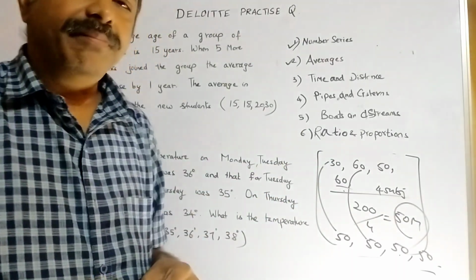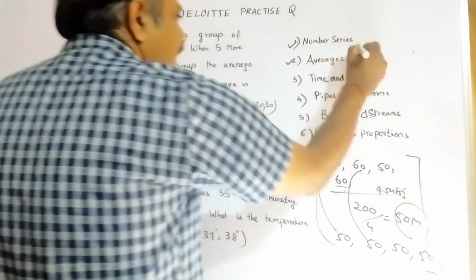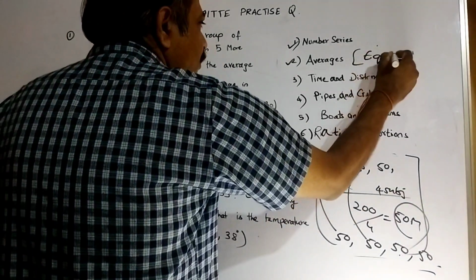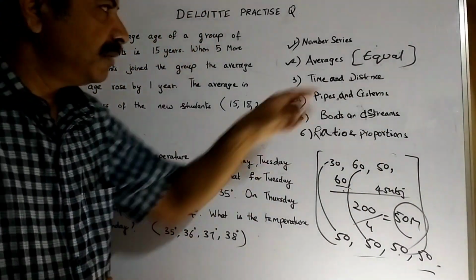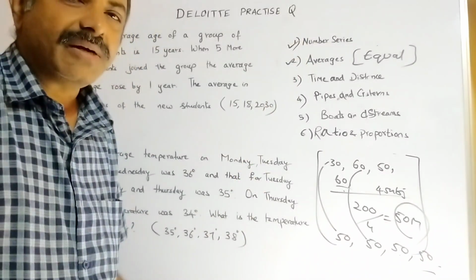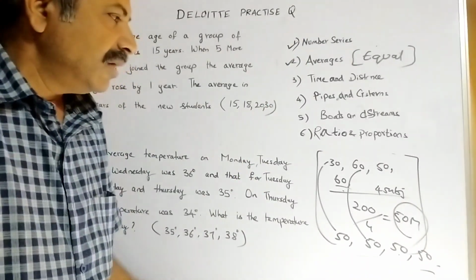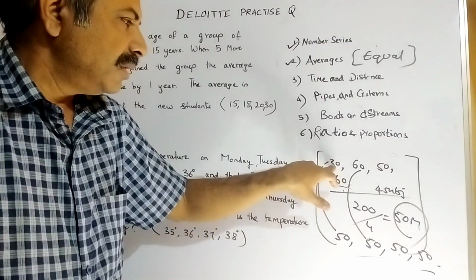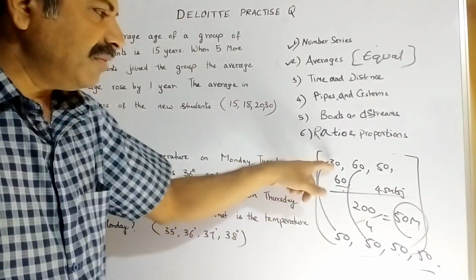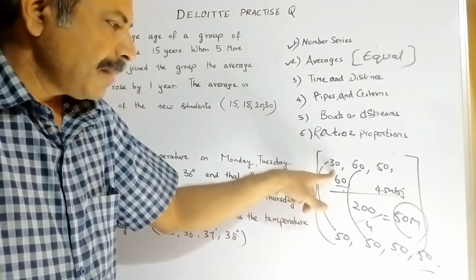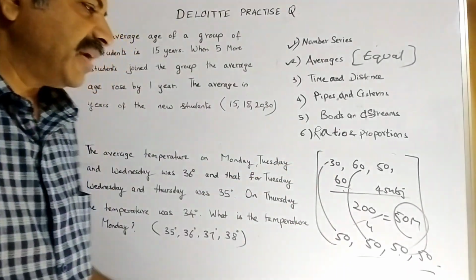So average means, dear students, making everything equal. If you know the meaning of this, we can understand. Now the total is 200 marks, and if we have 4 different subjects, 200 by 4 is 50 marks, which is the average.